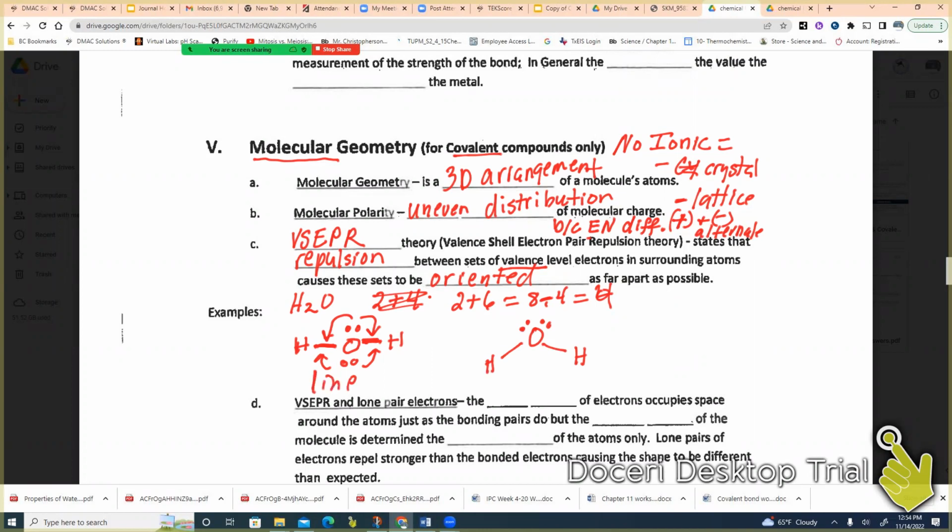So this would be linear, just straight across, but water actually has a bent structure. And once again, that's because these lone pairs of electrons are repelling the electrons in the bond. So that's kind of what's pushing them down. We're looking at all of the electrons and seeing how they could change the shape.